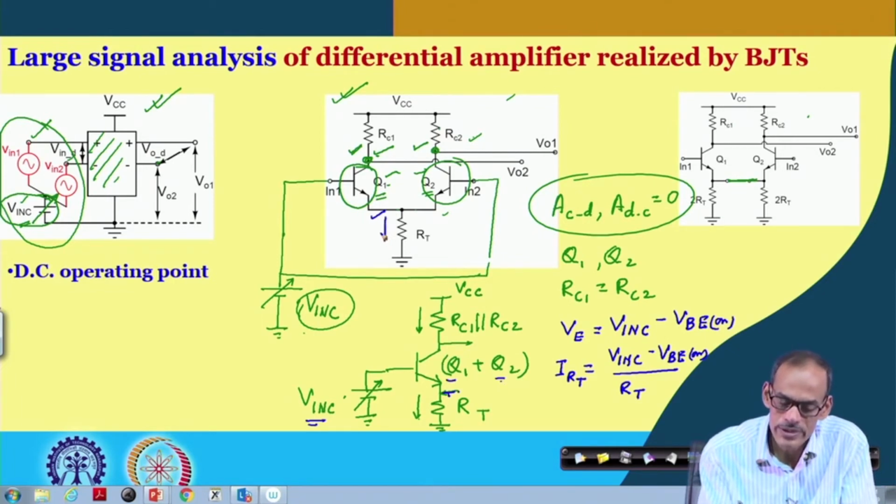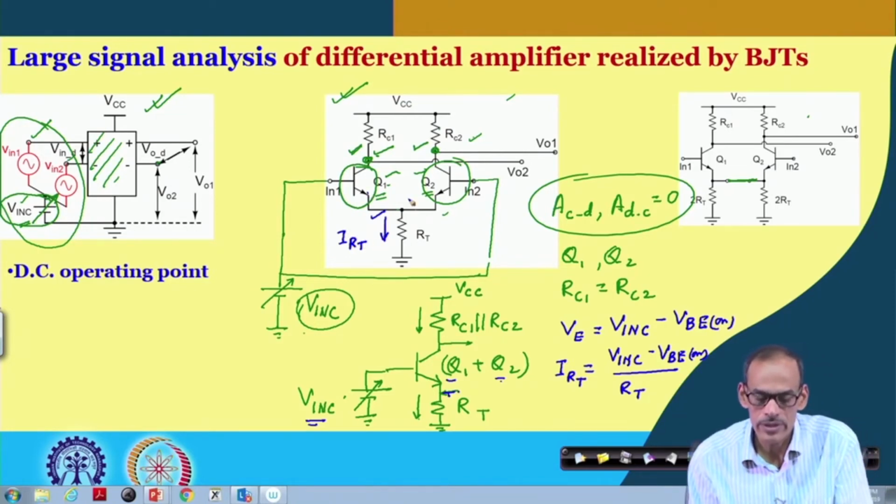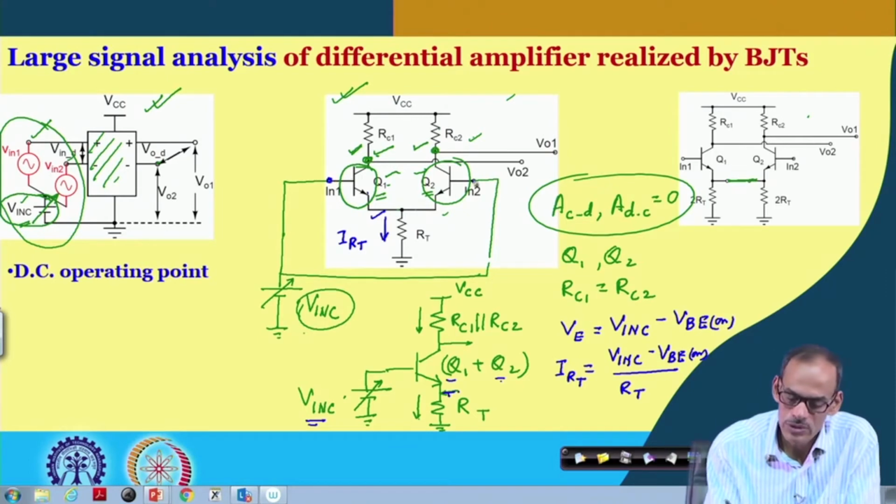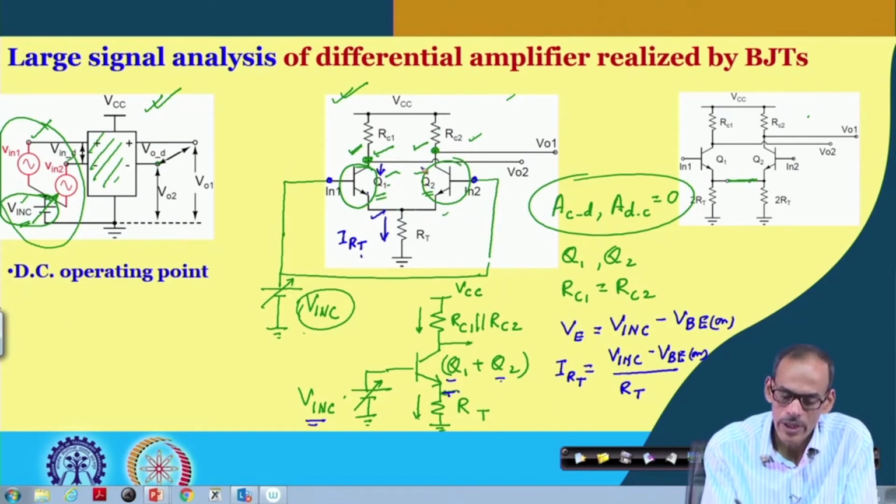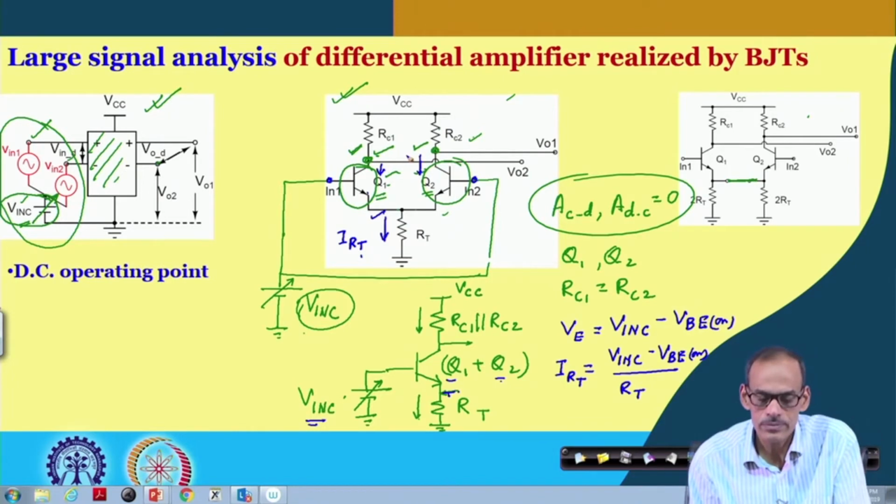In fact, this current is flowing through both Q1 and Q2. So, here also you can say this is I_RT, which is the summation of the two emitter currents, and if I say that both of the transistors are identical, then half of this current is the emitter current, and practically they define the corresponding collector current.